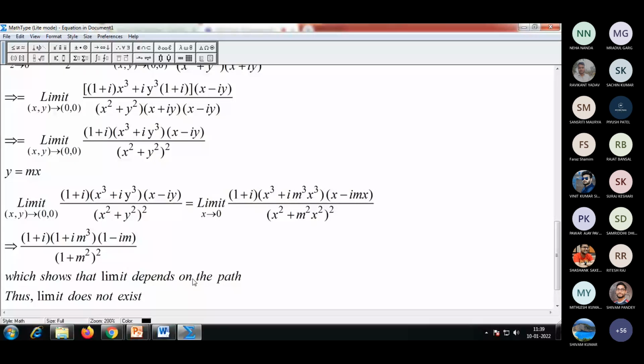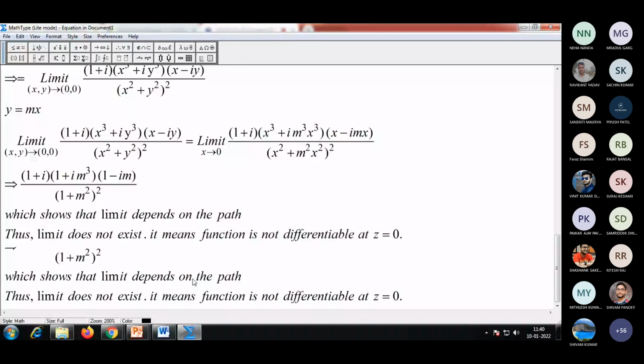If limit does not exist, it means the function is not differentiable at z equal to 0.